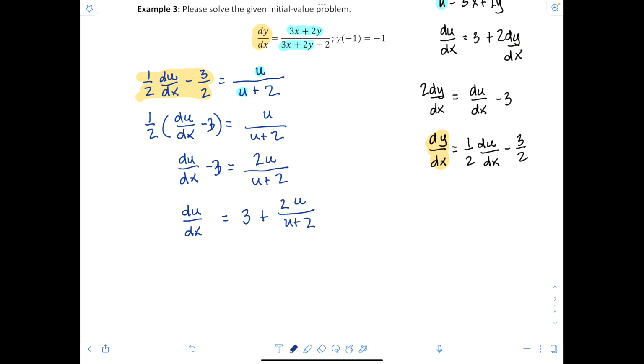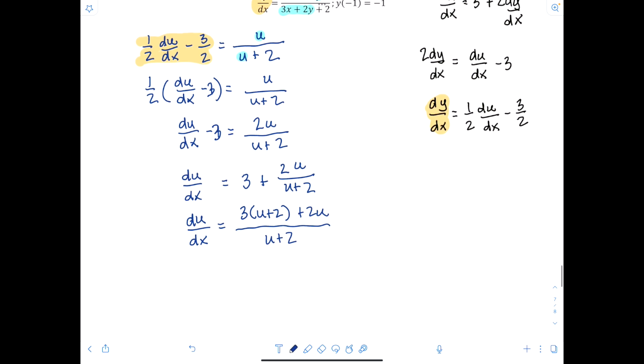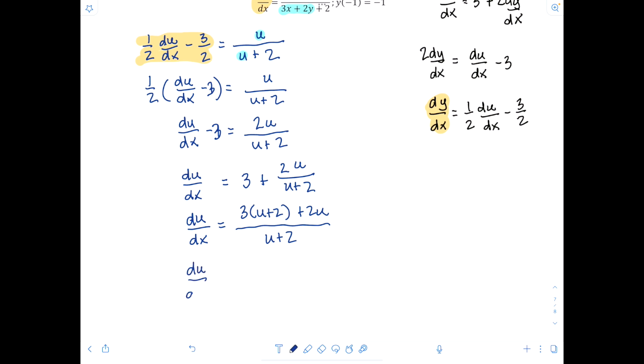Let's try getting a common denominator, all right? So 3 times u plus 2 plus 2u all over u plus 2, just multiplying 3 by u plus 2 over u plus 2, and we get du/dx is equal to 3u plus 2u is 5u plus 6 over u plus 2.